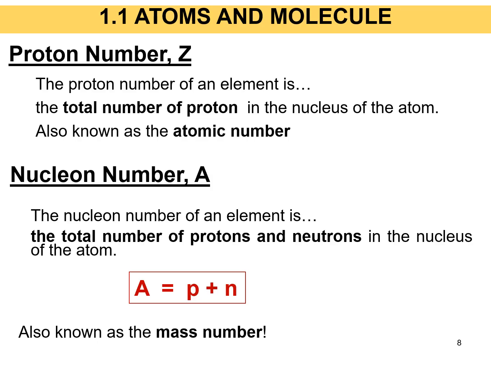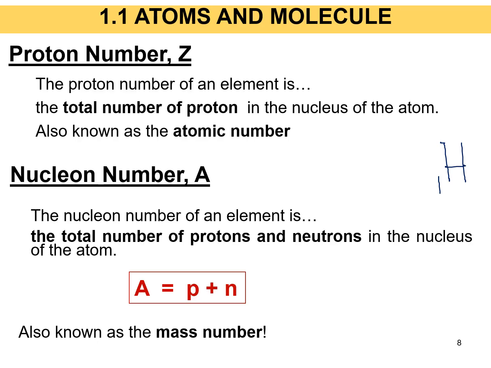Next ialah proton number. Proton number kita tahu simbol dia Z. The proton number of an element is the total number of protons in the nucleus of the atom, and it is also known as the atomic number. For example, kita tahu hydrogen atom proton number dia 1. Kenapa dapat 1 ni?